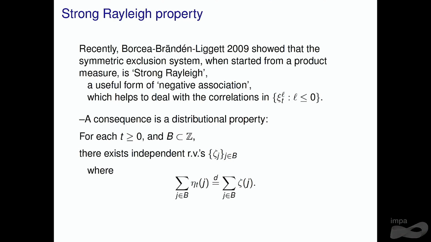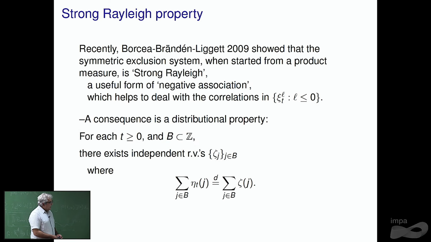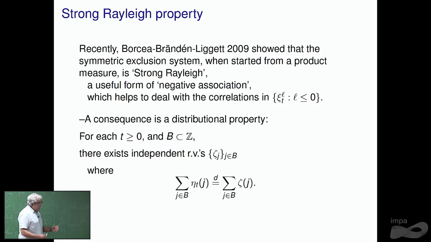So the initial condition is a product measure, and if you start from a product measure, you take any set B. It doesn't have to be Z, it can be Z^d. We're focusing on Z, or any graph actually. Take any subset of Z. Then if you look at the sum of the particles on B at time t, that's what the left-hand side is.